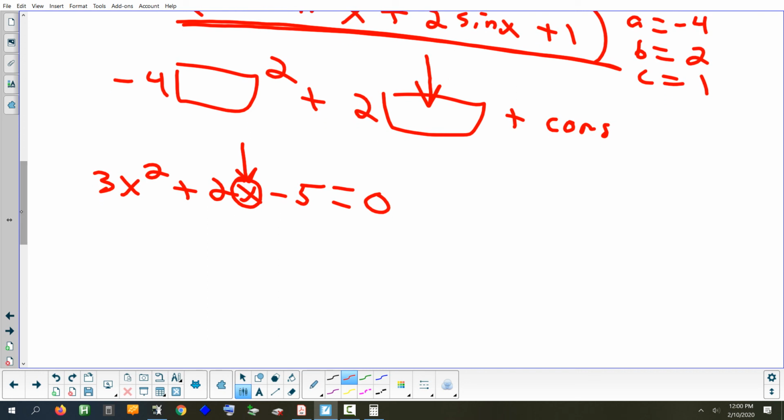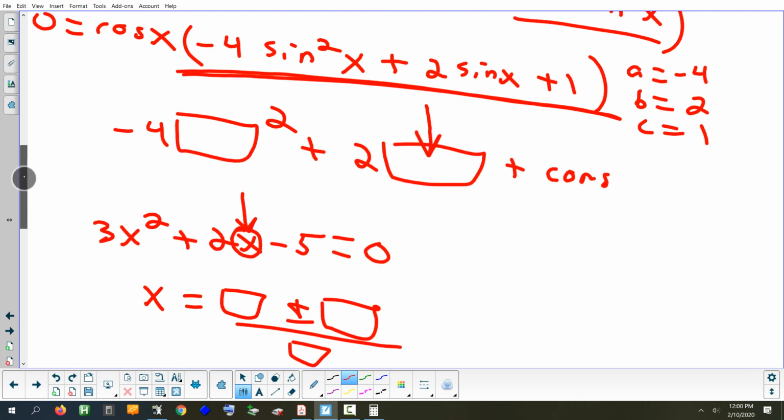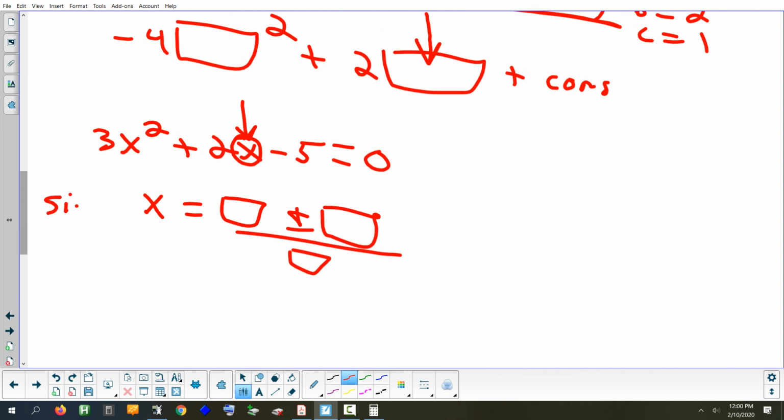So when you do the quadratic formula, in this case you'd get x equals usually something plus or minus something over something. That's usually what the quadratic formula answer looks like. And there's usually a square root here. Well, when we solve this one, it's going to look like that. So you're not solving for x in the formula we're going to look at.